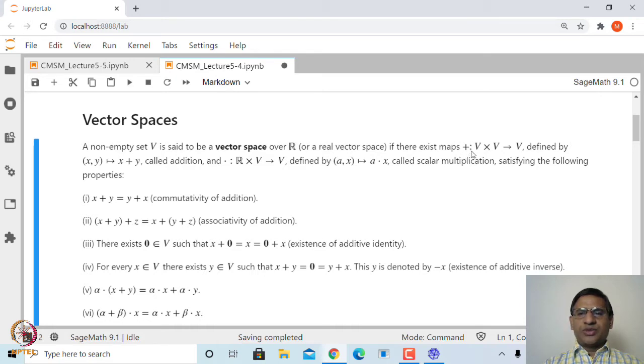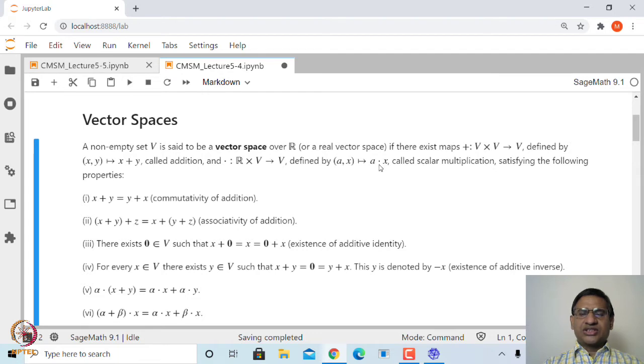One we call plus, from V cross V to V. If you take any x, y, it goes to x plus y. That is a notation, and we call this addition or vector addition. The other one is dot or multiplication, a map from R cross V to V, and this takes any (a, x) to a times x or a dot x.